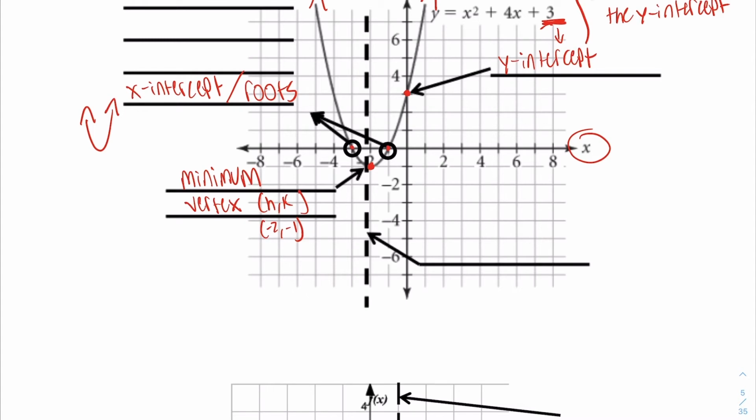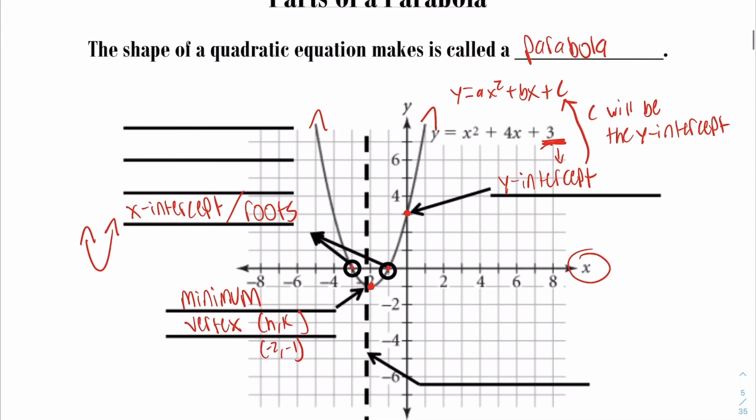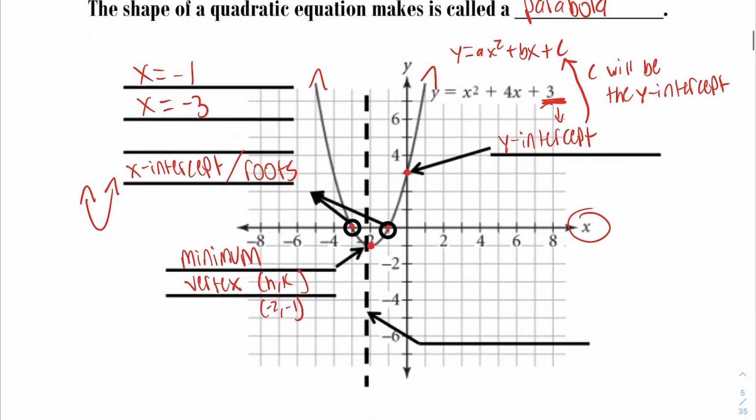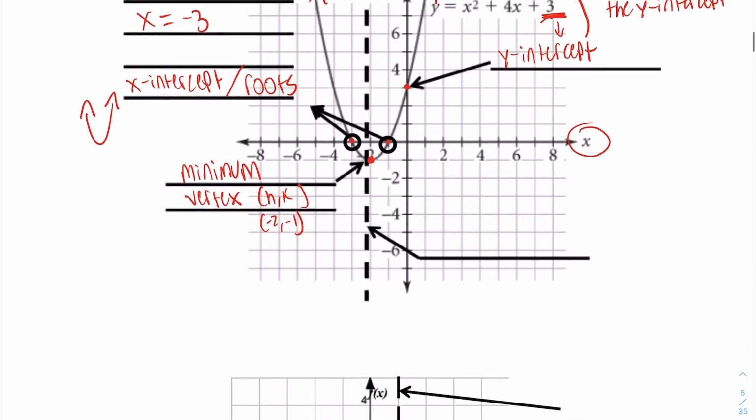And here we have an axis. Oh, okay, so that's what I'm supposed to put here. One of the roots for the x-intercepts is x equals -3, and the other value is x equals -1. Those are the roots. Those are the x-intercepts of this graph.